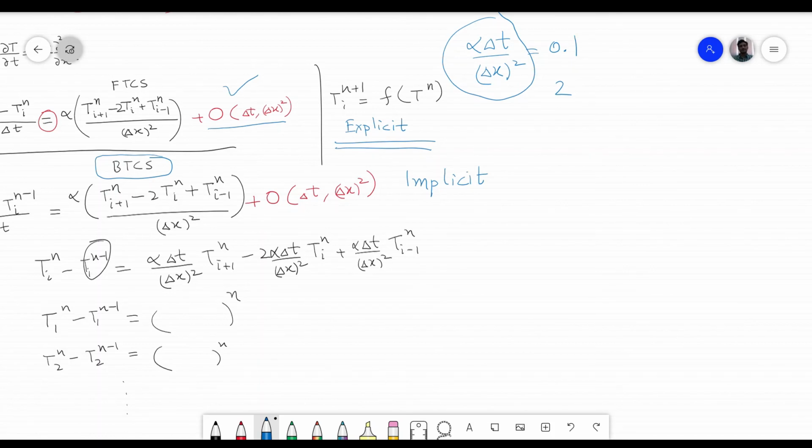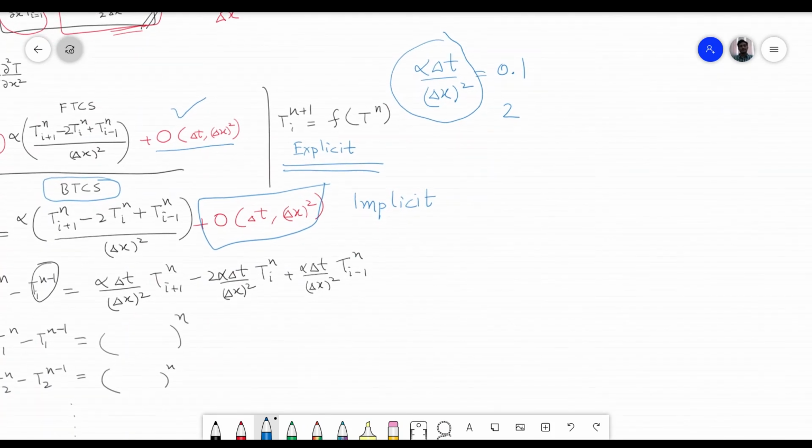But of course, it depends on this error. You cannot take delta t very high, otherwise this error will be very high. But you don't get an unstable solution. So that is the benefit of writing in an implicit way, that the solution is stable.